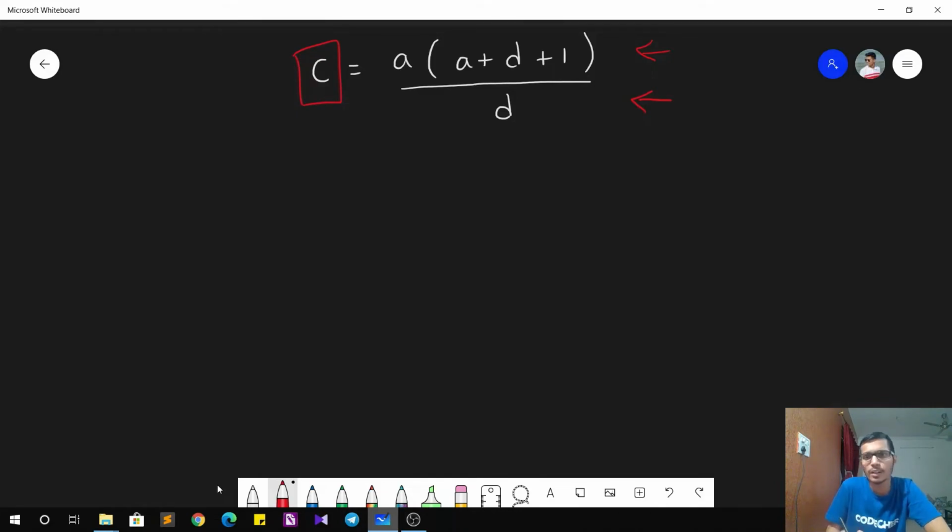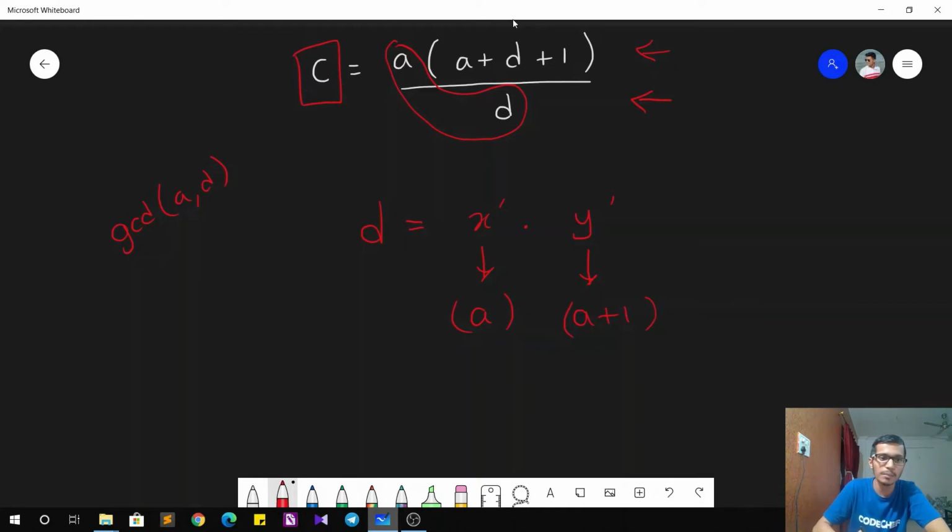So what we can do is set the value of d as x' into y', where x' is some divisor of a and y' is some divisor of a plus 1. Because just now we saw that from this term a upon d, we can get GCD of a comma d as the maximum common factor, and from the other term we can get GCD of a plus 1 comma d as the maximum factor.